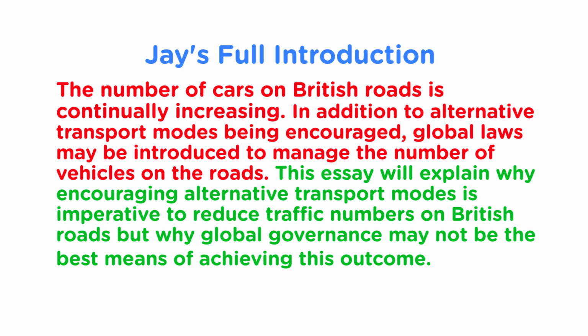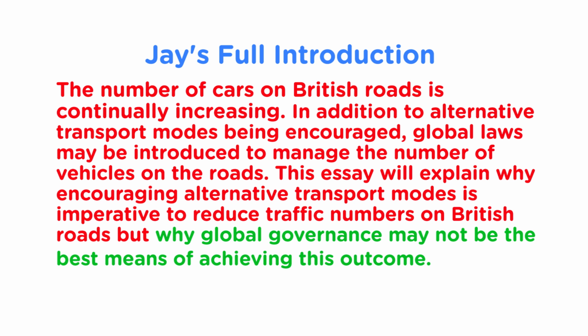The third sentence of our introduction is the key to a great essay because it says what your paragraphs are going to be about. Look at the 2 ideas that are mentioned in the third sentence of our introduction. This essay will explain 1. Why encouraging alternative transport modes is imperative to reduce traffic numbers on British roads, but 2.